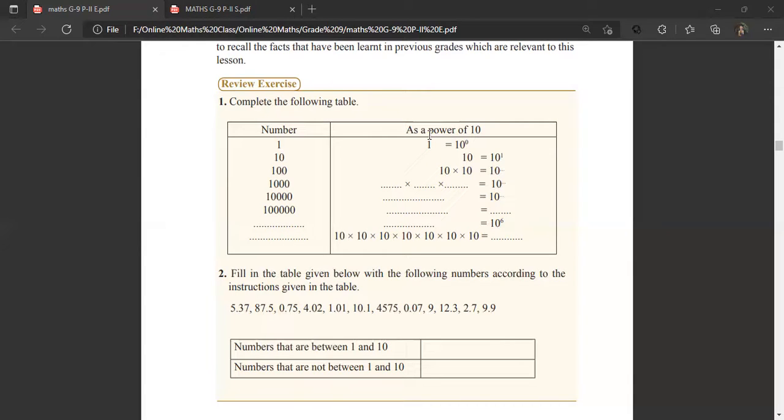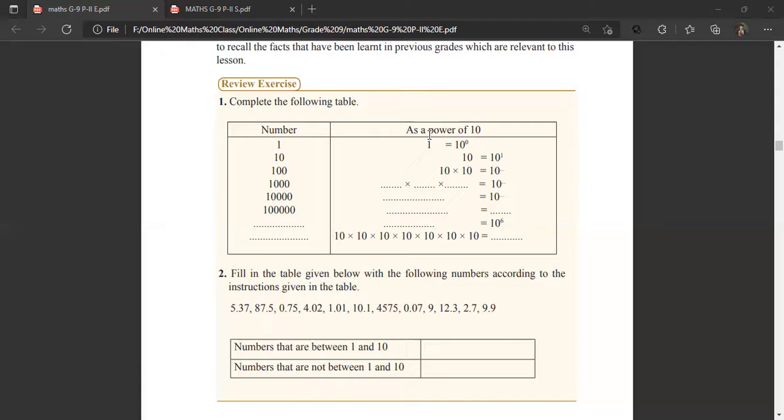Next one that has been given is 100,000. The answer is 1 million. Seventh column, 10 million. That means 10 to the power 7.